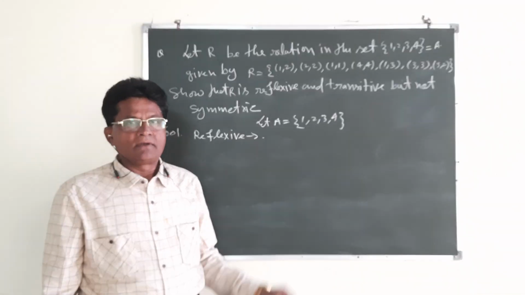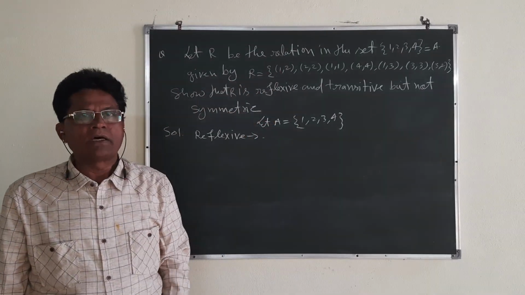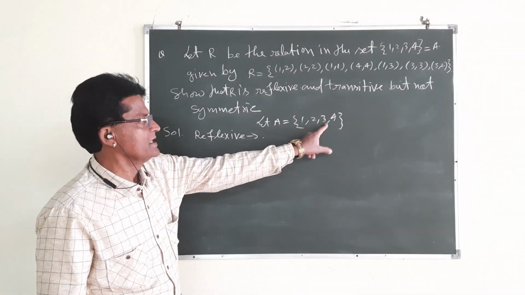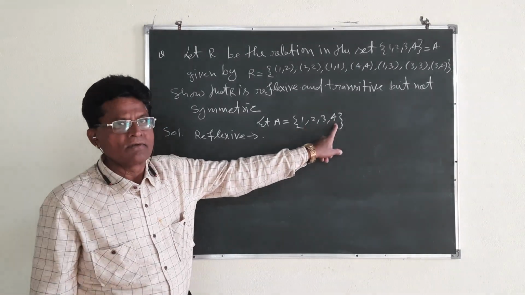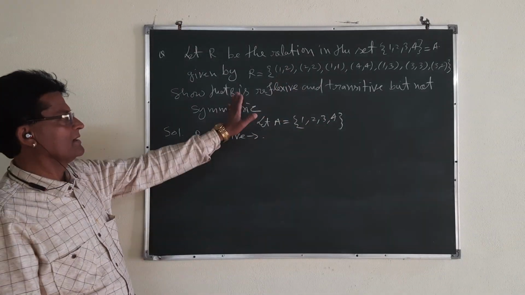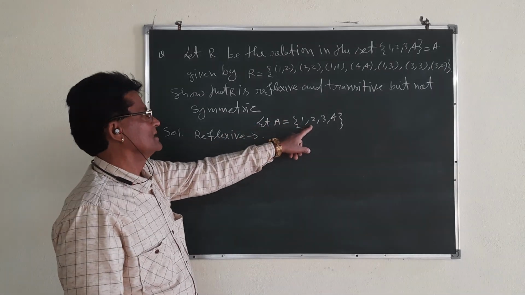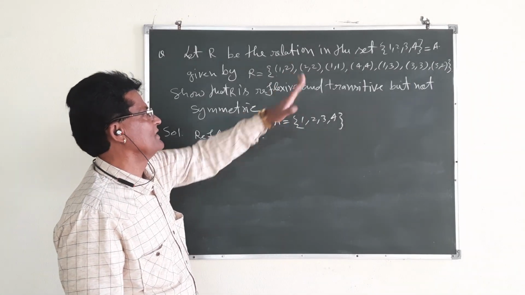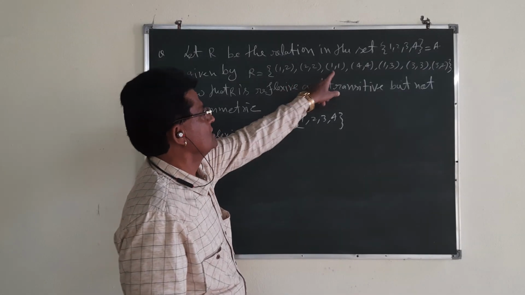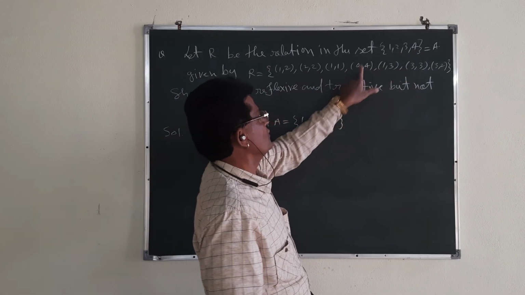This relation will be reflexive if (1, 1), (2, 2), (3, 3) and (4, 4) belong to R. See whether these ordered pairs are given over here or not. (1, 1) is here, (2, 2) is here, (3, 3) is here, (4, 4) is here.